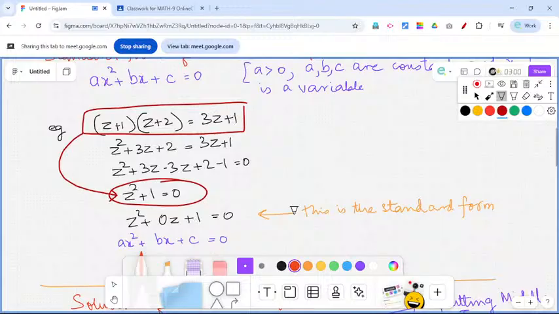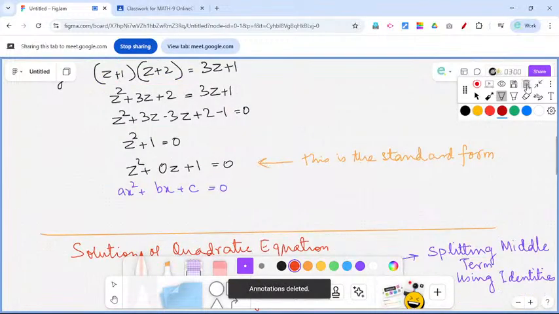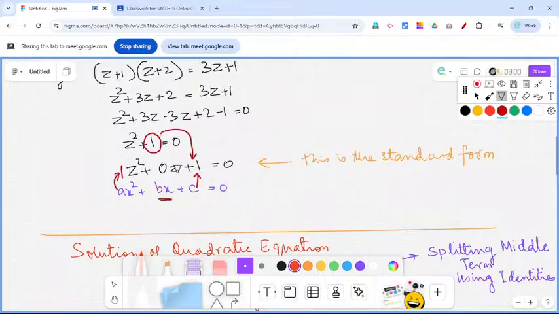So what I'll do, z square means 1 into z square, so my a is 1. ये जो 1 है which does not have any variable, इसको मैंने c बना दिया, so c is 1. और जो मेरा bx था स्टैंडर्ड फॉर्म में, मैंने 0 z कर दिया, 0 multiplied by z is 0. So I have written this equation in the standard form.